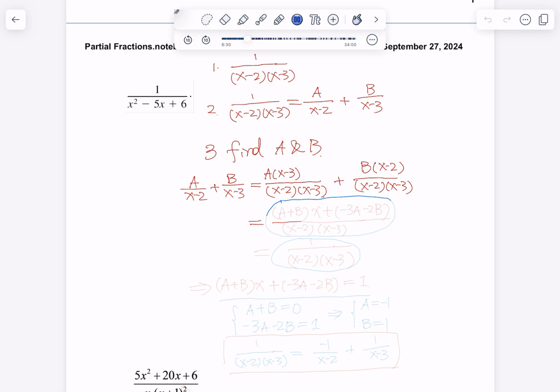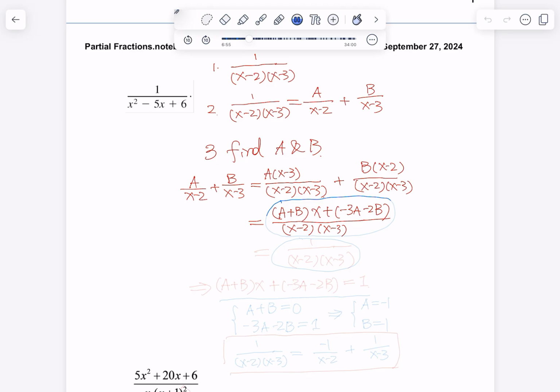You add them together, and you will end up with the numerator A plus B, x plus minus 3A minus 2B, over x minus 2 times x minus 3.